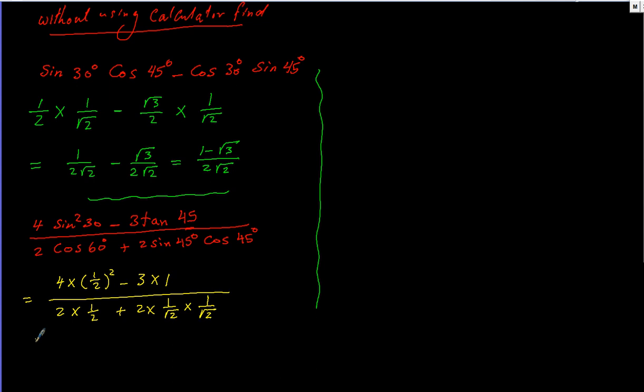It's going to be 4 times 1 over 4 minus 3 over 1 plus 2 times root 2 times root 2 equals 2, then 2 over 2 is 1. The result will be 1 minus 3 over 1 plus 1. It's going to be negative 2 over 2 equals negative 1.